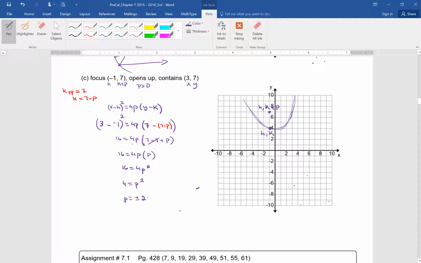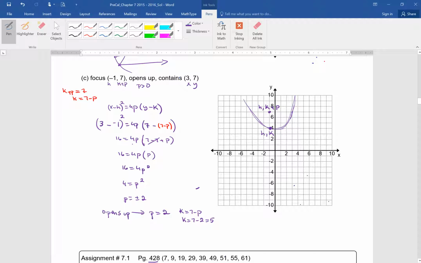But what did we determine from here? If it opens up, p is positive, so p is positive 2. Now I have everything I need, right? If p is positive 2, do I have my h and k? Well, sort of, because k, remember, is 7 minus p. So k is equal to 7 minus 2, which is equal to 5.